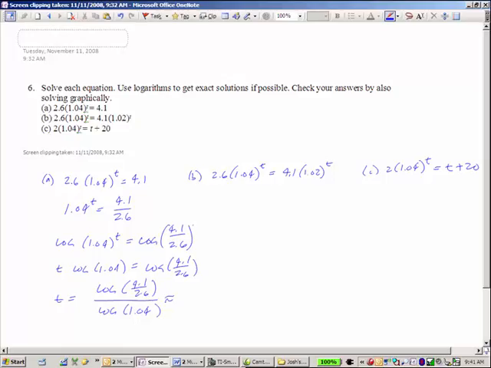All right. The actually also interesting thing is it doesn't matter. These two quantities are actually equal. If we had done the natural log of 4.1 over 2.6 divided by the natural log of 1.04, they would be the same. It's important, though, the log of 4.1 over 2.6 is not equal, the denominators are not equal and the numerators are not equal.